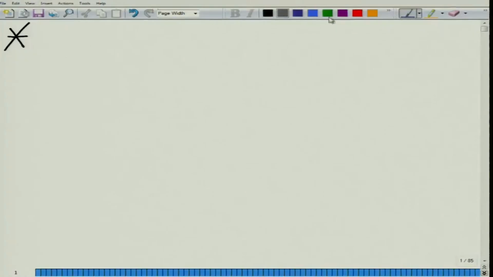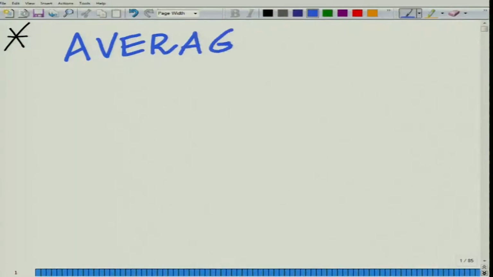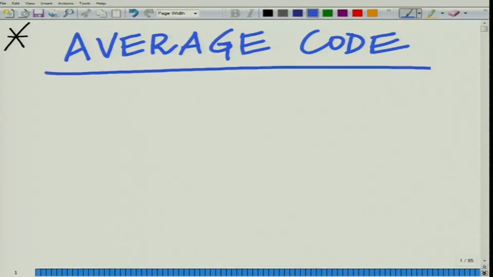So we would like to look further into this average code length, how to achieve or how to progressively decrease it.